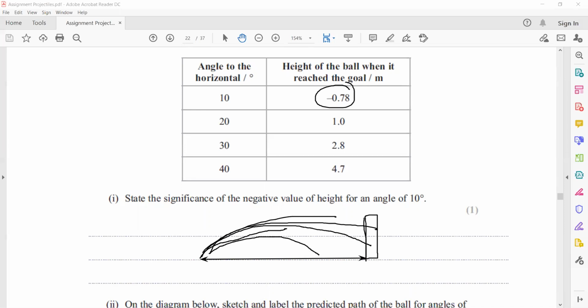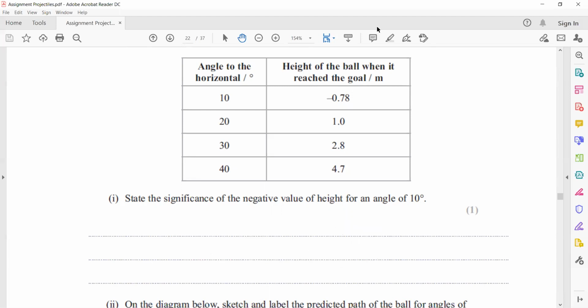What it represents is that the ball bounces or hits the ground before reaching the goal. That's the significance of a negative height.